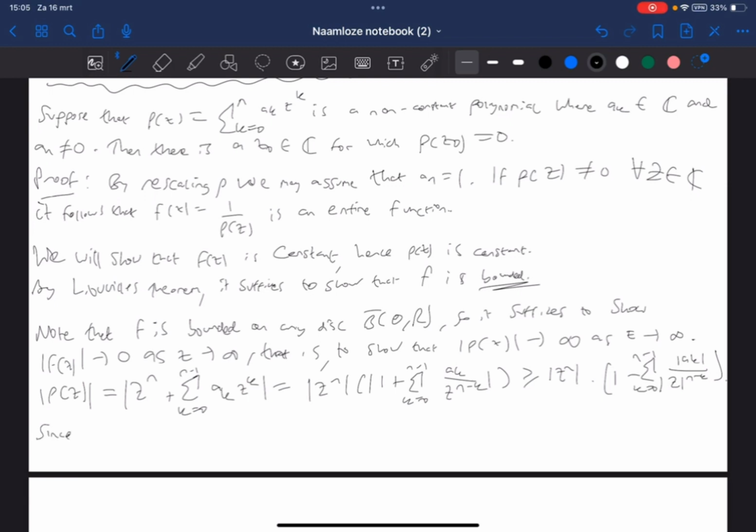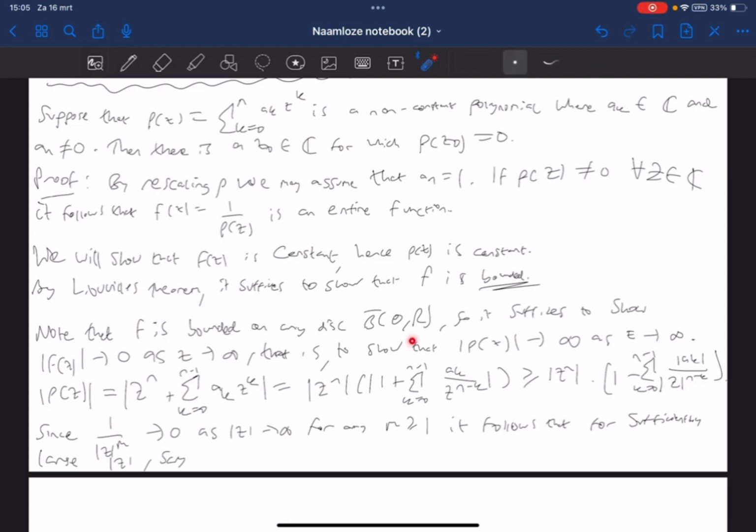So we can remark and say, well, since 1 over the modulus of z to the power m will tend all the way to 0 as the modulus of z tends off to infinity for any m being greater than or equal to 1, it clearly follows that for sufficiently large mod z, we denoted up here this ball of 0 up to r.